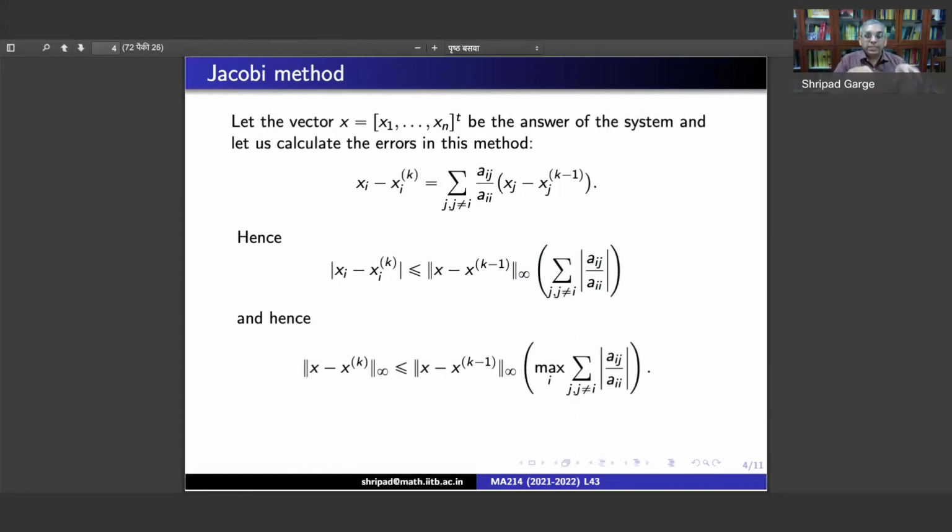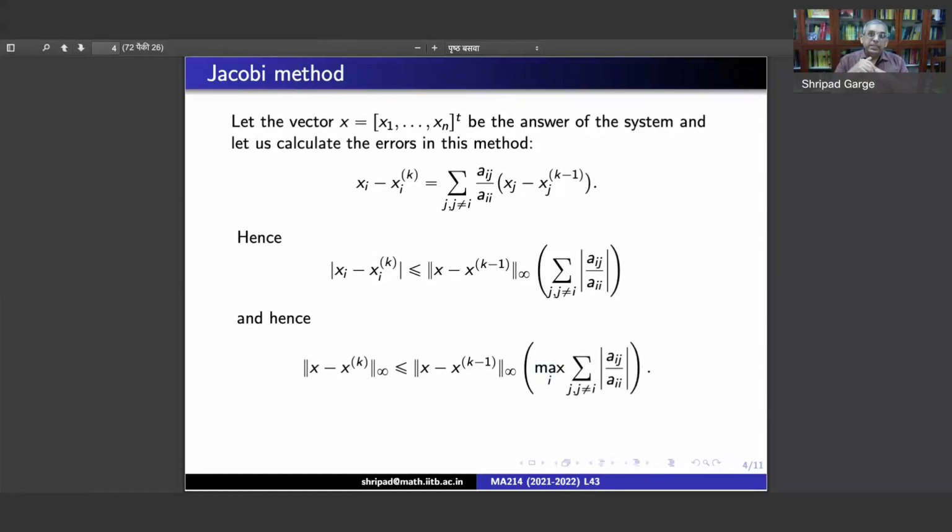So the L infinity norm of x minus x^k is less than or equal to the L infinity norm of x minus x^(k-1) times, only thing was that here you had an i which was fixed. So instead of that i, we will now take all possible of these expressions and take the maximum. This is what we have when we take the L infinity norm on both the left hand side and the right hand side.